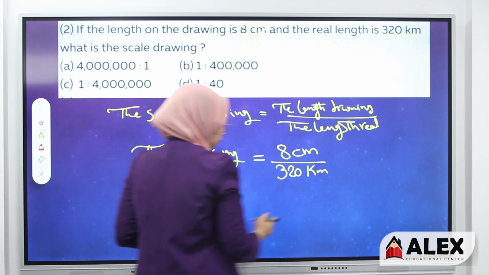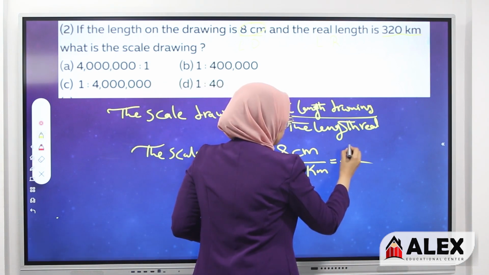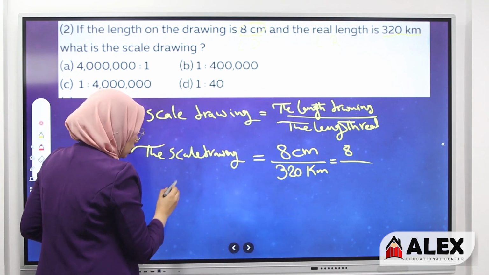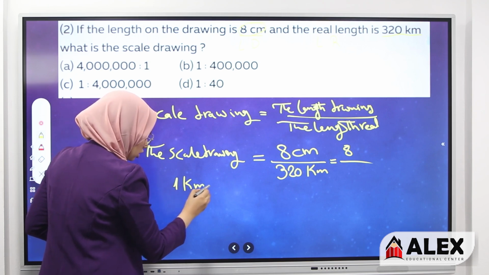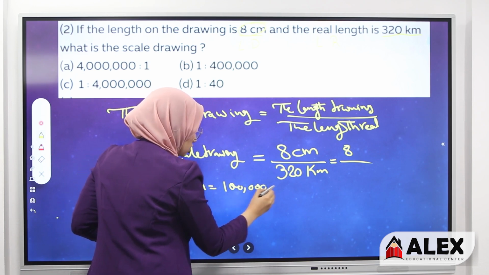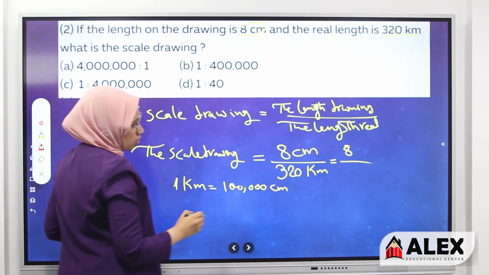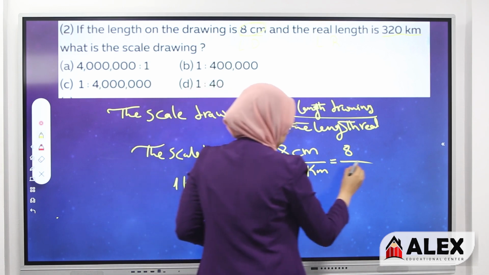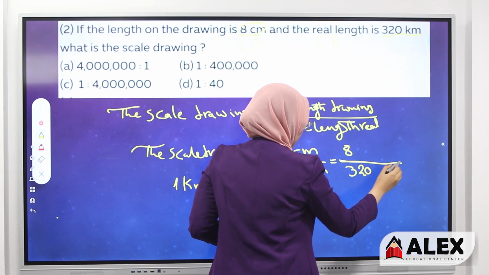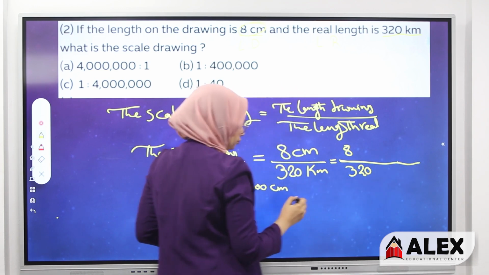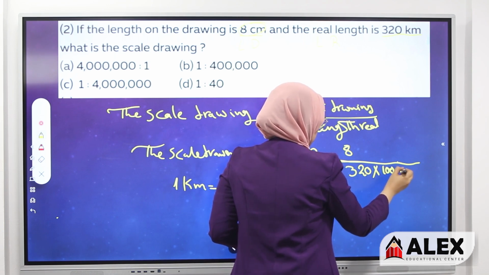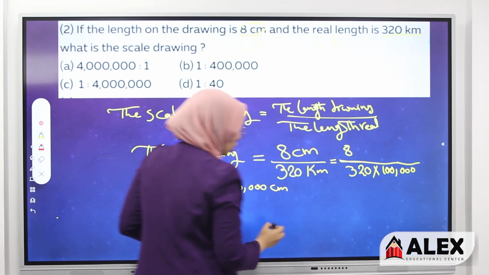The scale equals 8 over 320 kilometers. To convert from kilometer to centimeter, 1 kilometer equals 100,000 centimeters. So 320 times 100,000. Put it in your calculator.